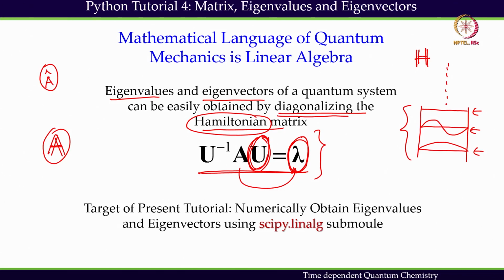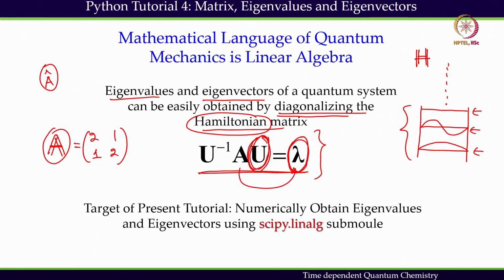We diagonalize the matrix and get eigenvalues and eigenvectors. As an example, we took a matrix A like this, 2 1, 1 2. This was the exercise we have done already, a 2 by 2 matrix.